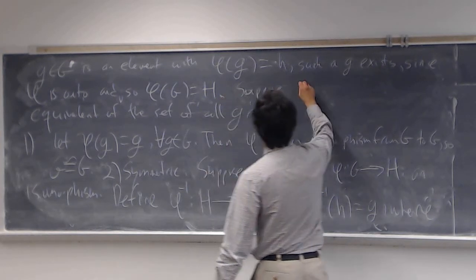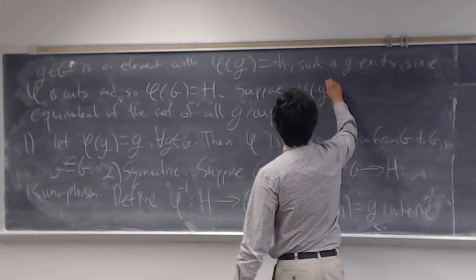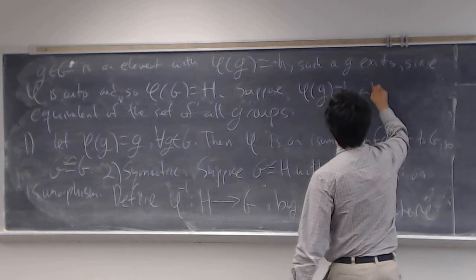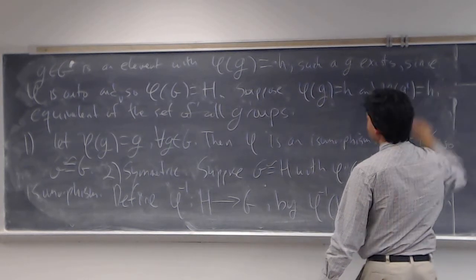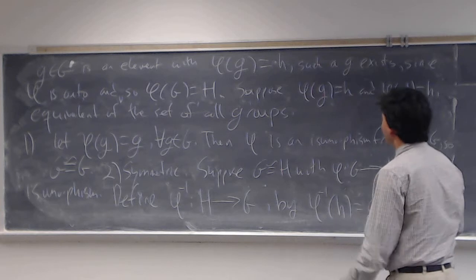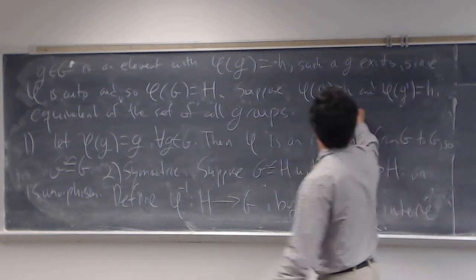suppose phi of g equals h and phi of g prime equals h as well. Because you want the function to be well-defined.